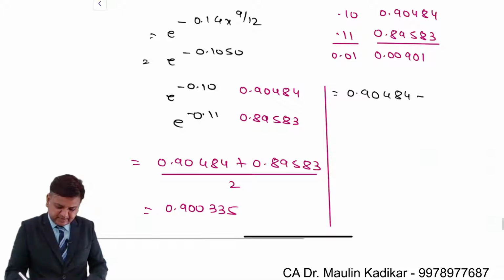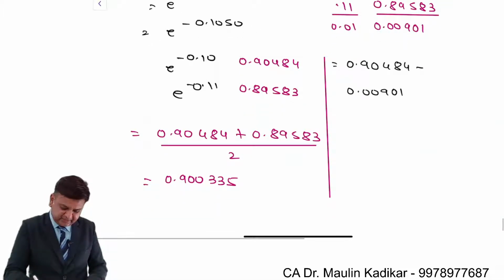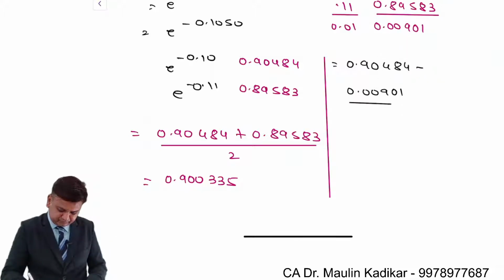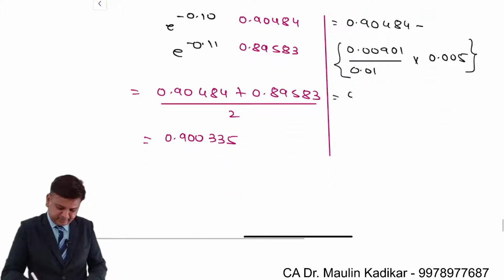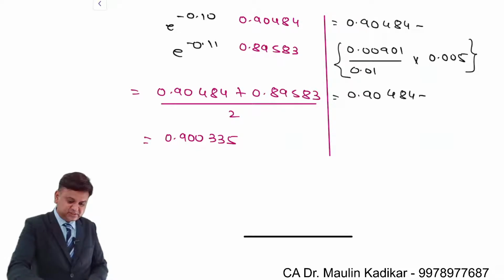So it is 0.90484 minus 0.00901 divided by 0.01 into 0.005.